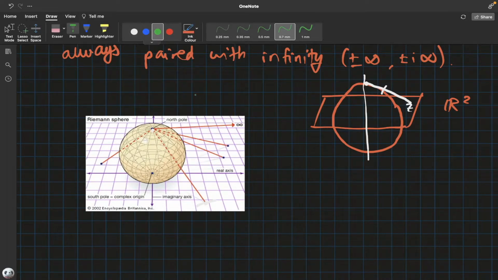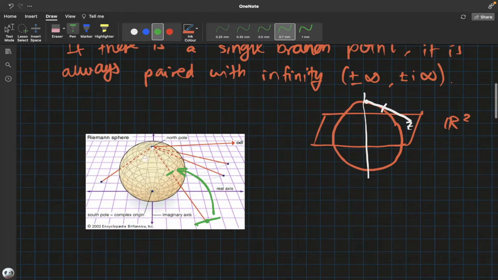Maybe let me take another color. We all see this point, right? And we connect a line from this point to the North Pole, and it intersects somewhere here. So that's the mapping of this point onto here. We do that for all the points on the plane, and you get the entire sphere. Why is this important? Because look at infinity. Infinity is somewhere really far. You have a line connecting infinity to the North Pole.